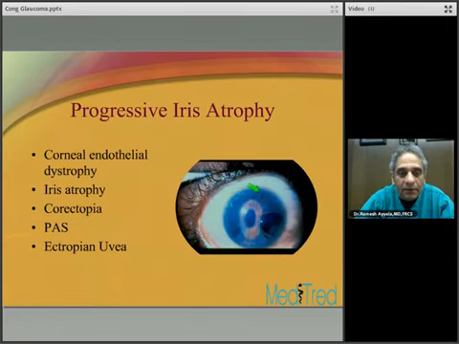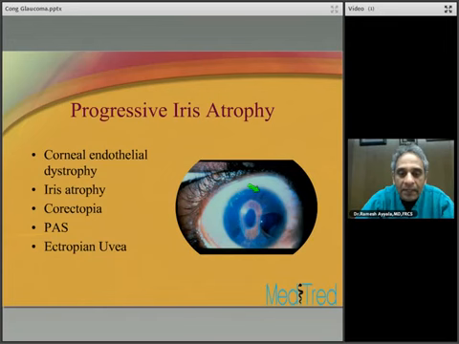And progressive iris atrophy, which is associated with corneal endothelial dystrophy, iris atrophy, corectopia, PAS, or peripheral anterior synechiae formation, and ectropion uveae. The primary pathology in all three of these diseases, as I mentioned in my previous lectures, is an abnormal corneal endothelium that spreads across the angle onto the surface of the iris.